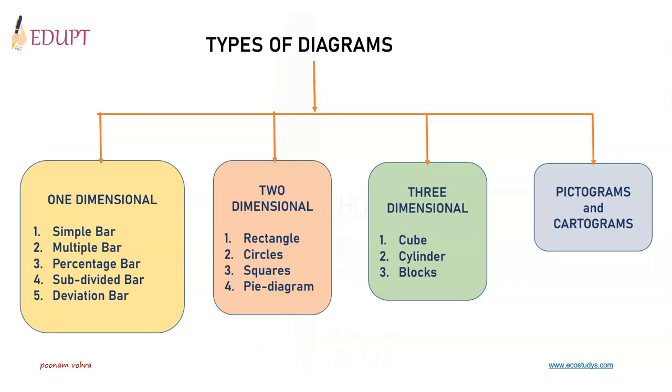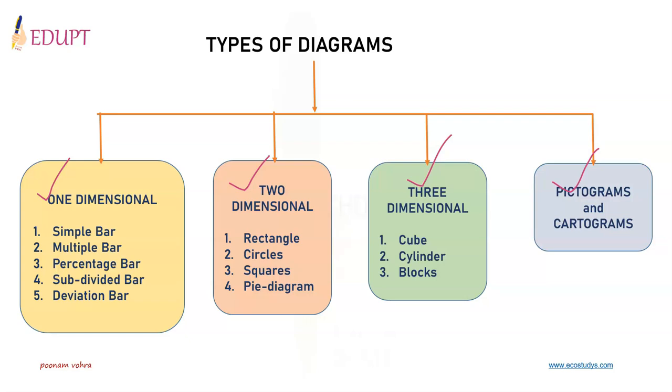One is the simplest ones, that is one-dimensional diagram, then two-dimensional diagram, then three-dimensional diagram, and last is pictograms and cartograms. The difference between one-dimensional and two-dimensional diagram is that in the case of one-dimensional diagram, only the length of each bar varies.